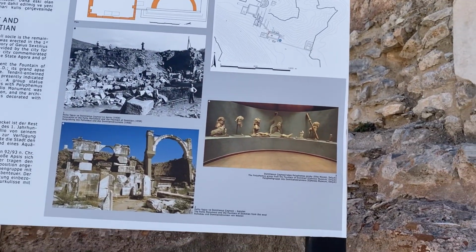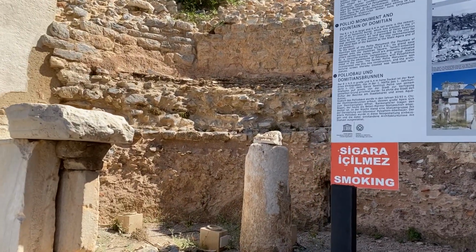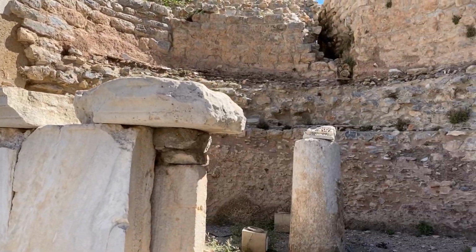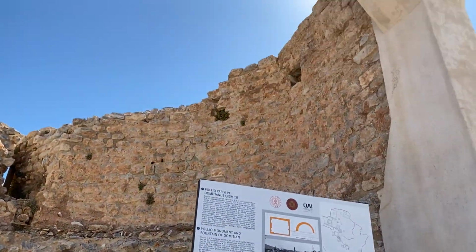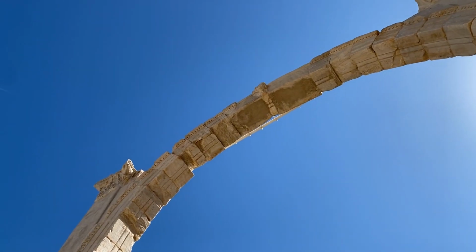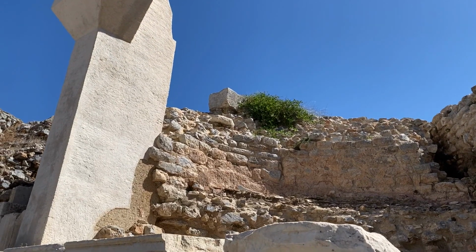It was a huge monumental fountain. You can see a group of statues here. They are displayed now in the Museum of Ephesus. So the story was the Odysseus story. You can see here Odysseus and Polyphemus, one of the Cyclops.